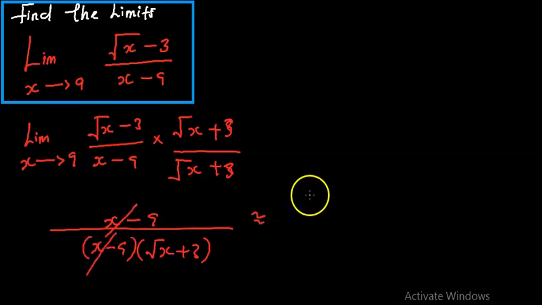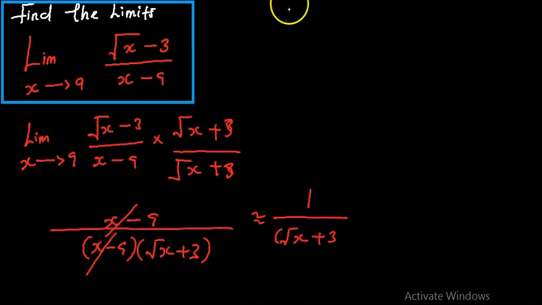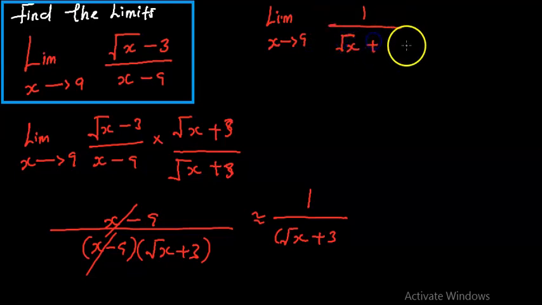We are going to be left with 1 divided by the square root of x plus 3. Remember, we are going for the limit as x approaches 9 of 1 divided by the square root of x plus 3.